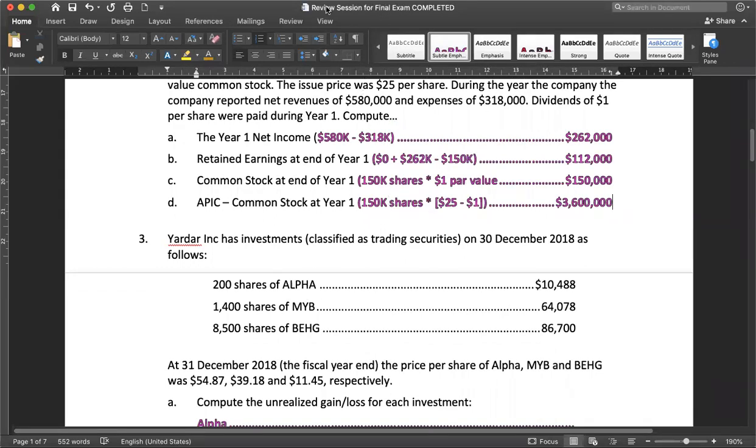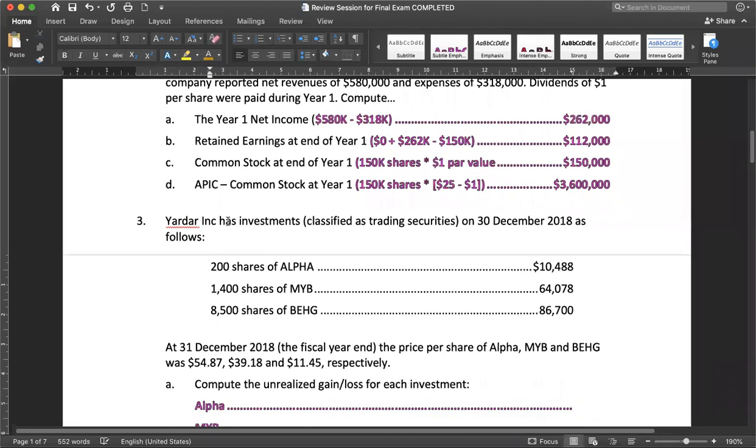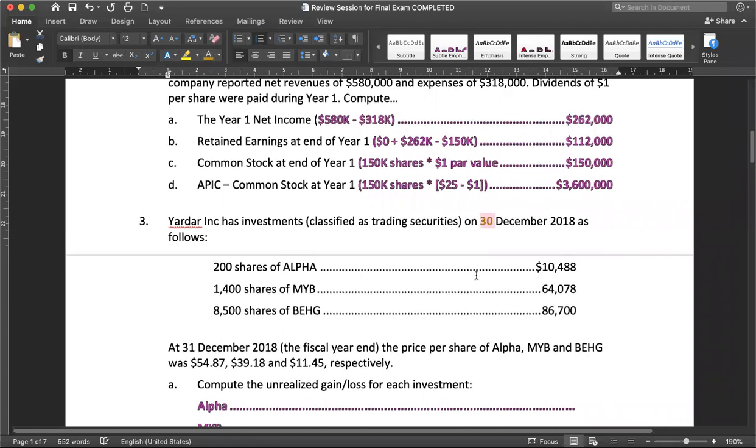I'm going to move to question number 3. Yardar has investments classified as trading securities on the 30th, the 30th of December 2018, as follows. They have 200 shares of Alpha stock, and the total cost was $10,488.